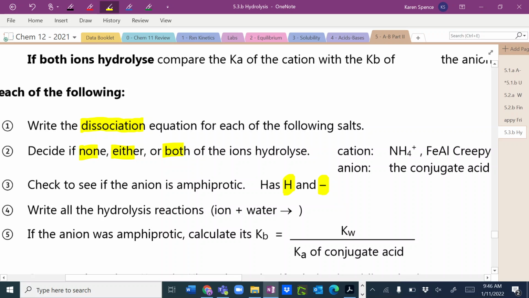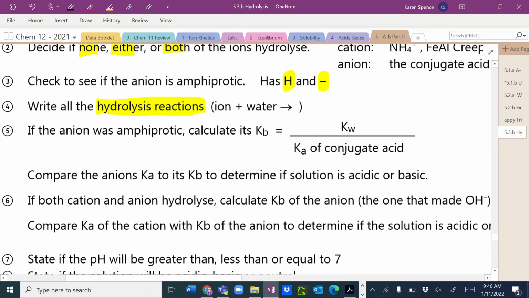And you're going to write all the hydrolysis reactions. Most of the time there's only going to be one, but if you have an amphiprotic one, there will be 2. If you have a cation and anion that both hydrolyze, you will have 2 hydrolysis reactions. I will never give you a cation that hydrolyzes and an amphiprotic anion. That would be crazy. Okay?